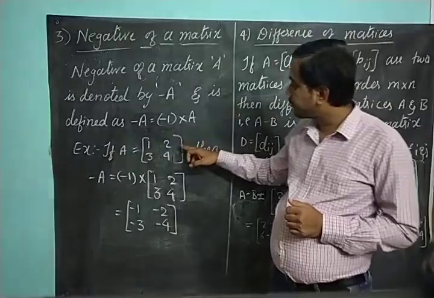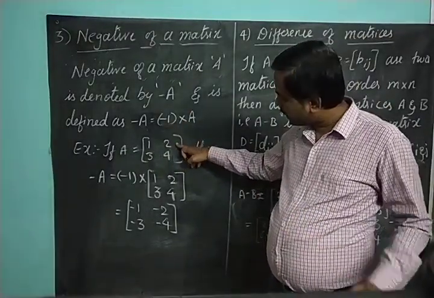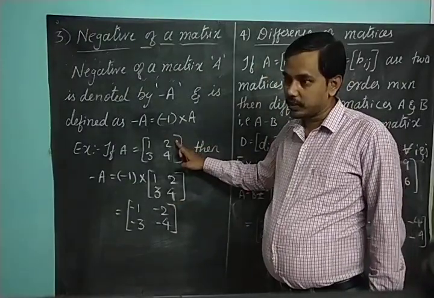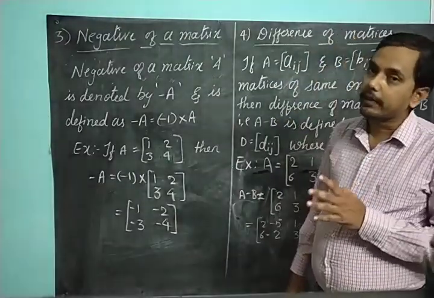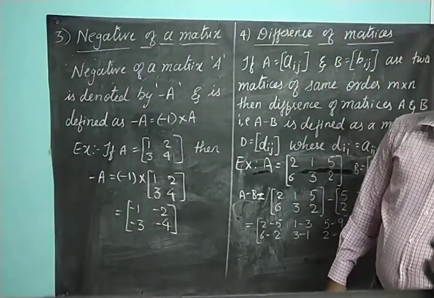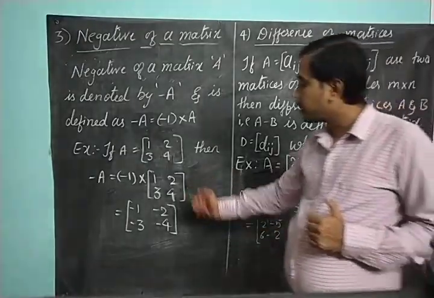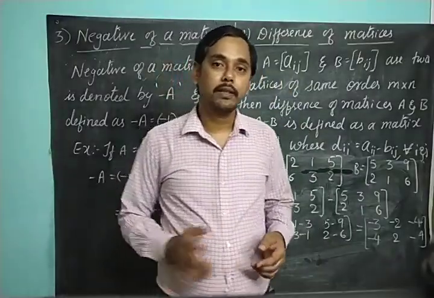For example, if instead of 2 we have minus 2, then in the negative we get plus 2. So this is how we need to convert a matrix into the negative of its matrix.